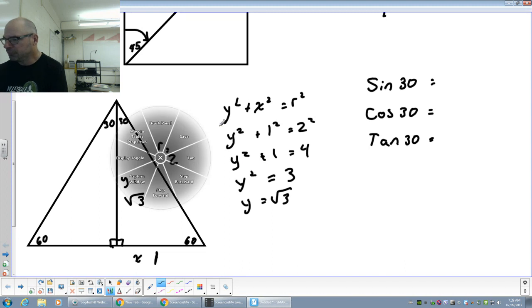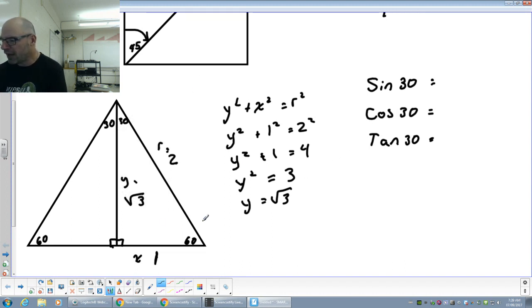Okay, so sine of 30. So 30, we'll use this triangle on this side here that we got marked. 30 is up here. So sine is opposite over hypotenuse, 1 over 2. Okay, don't even have to rationalize that one, a half. Cosine of 30 is adjacent over hypotenuse, root 3 over 2.